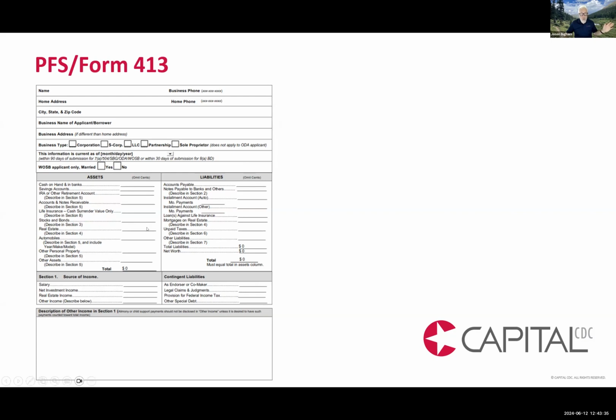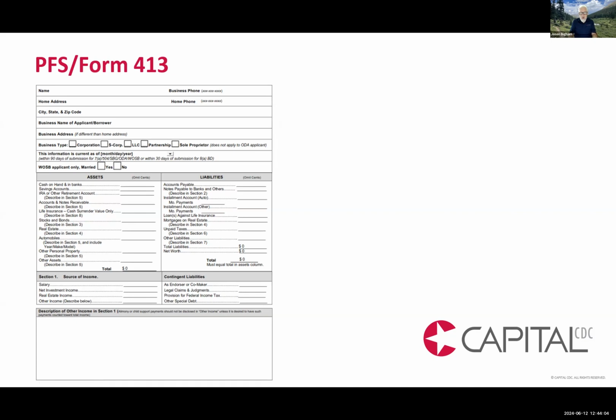Maybe there are a couple of work trucks that the owner bought personally, and those loans are in his name, and he pays them personally. He might include them here because he's paying for them personally, or maybe he just includes the loans over here because those are in his name, so he figures he has to include that, but he doesn't include the assets. And so you'd want to make sure that you're being consistent.